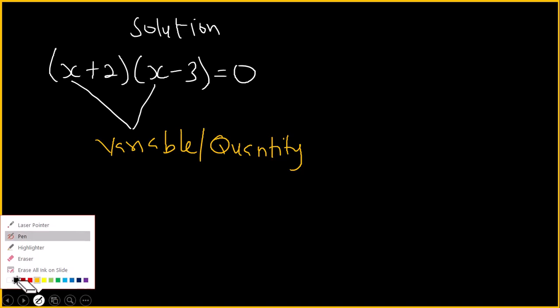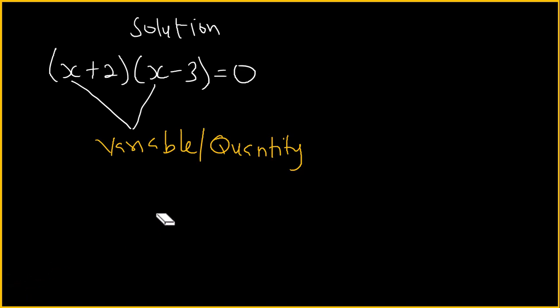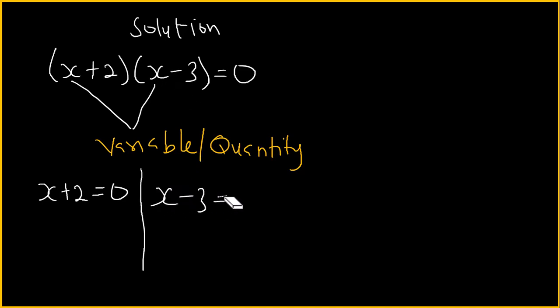What I normally tell students is, anytime the question is given to you in two factors, draw a thin line and write them separately. The first factor is x plus 2 equated to 0. Now the second factor is x minus 3 equal to 0.